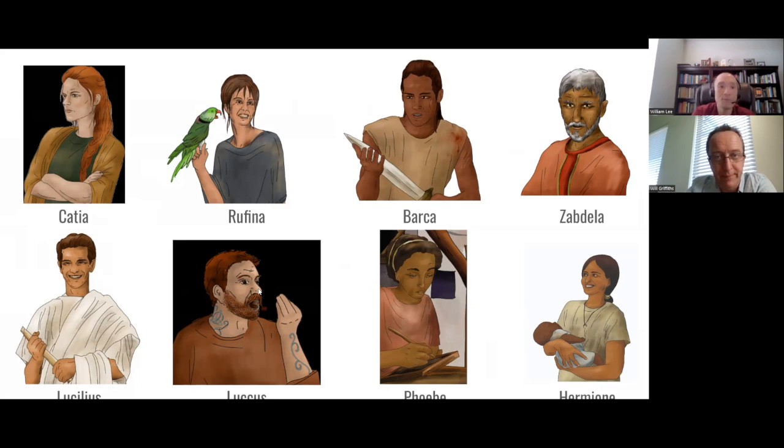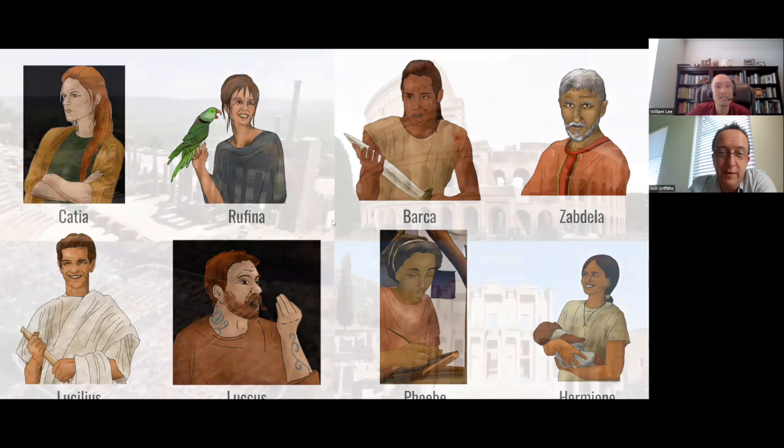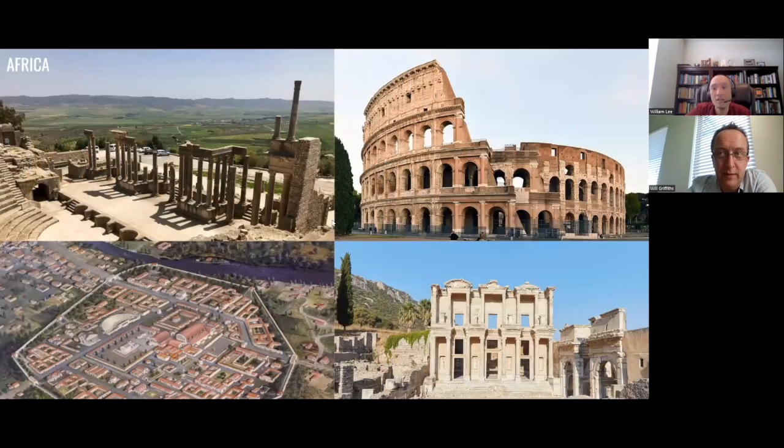And this works much better in person, of course, because you can actually have people get up and move, which again, sometimes you want your students to be moving about. And so we have again Katya, Rufina, Barca, Zebdella, Lucilius, Lucas, Phoebe and Hermione. And so I believe everyone should be able to annotate.